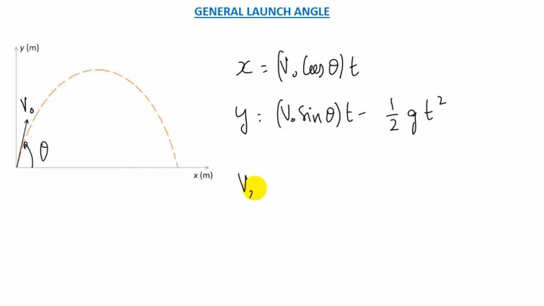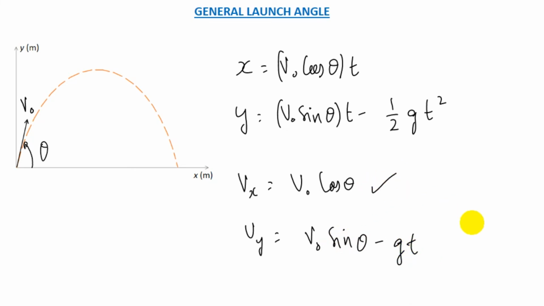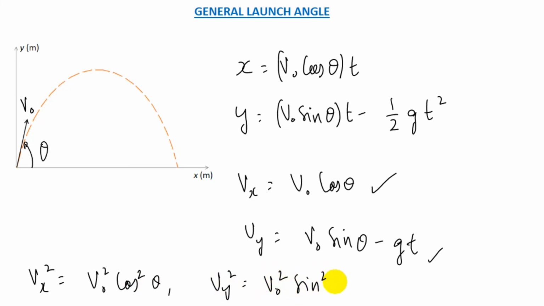Then we discussed vx equals v naught cosine theta, the x component of velocity, and vy is v naught sine theta minus g t. The x component of velocity remains the same throughout the motion, but this varies. And then finally we have vx squared equals v naught squared cosine squared theta, and vy squared equals v naught squared sine squared theta minus 2g delta y. These were the equations that we derived under this topic.